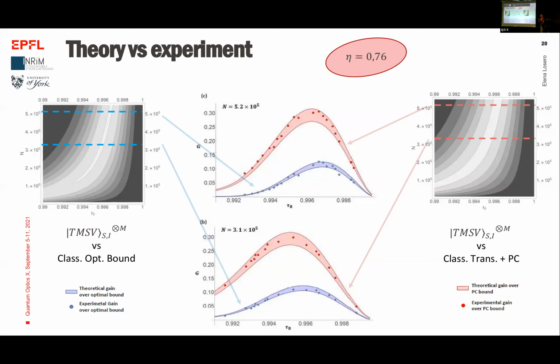And this is again due to the fact that I was explaining before: if we have a higher number of photons, it means that the shot noise is lower, and therefore to observe a quantum advantage we need to go to a regime where classically it is very difficult to distinguish between tau zero and tau 1. So this is why, increasing the number of photons in the signal, the maximum quantum advantage goes toward higher values of tau zero.